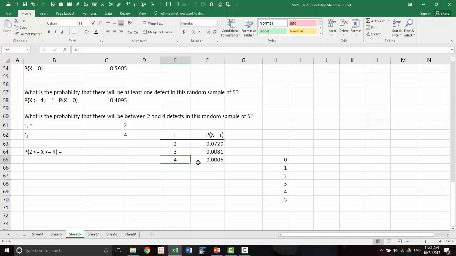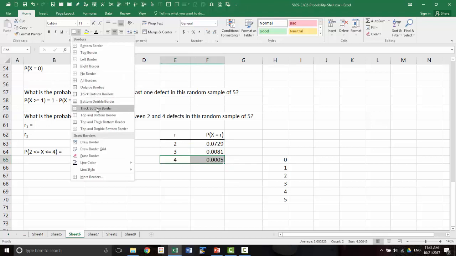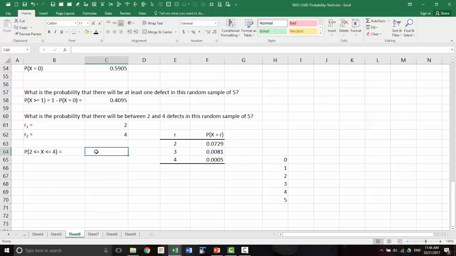Then the probability that we want is the sum of these three probabilities. Okay, that's good.